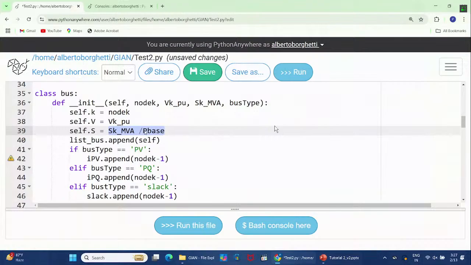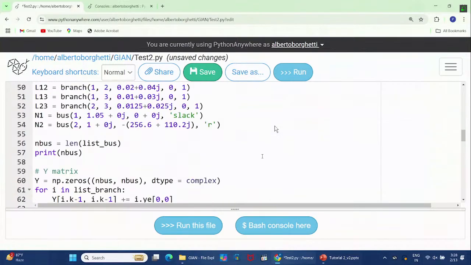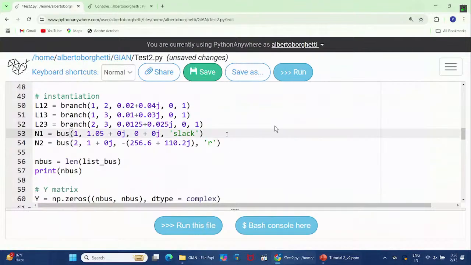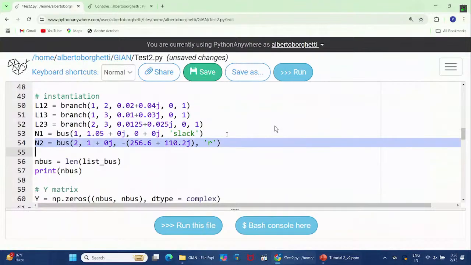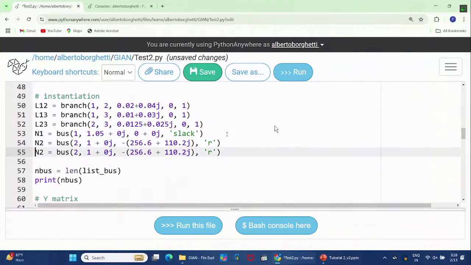So you see that we are inside the object bus, we are divided by p base. Is it fine? So we can do also for the last term, N3. It is the third bus.